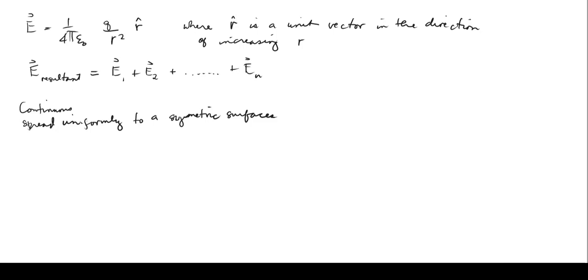So this alternative method is known as Gauss's law. But before tackling Gauss's law, first we need to define an area vector.